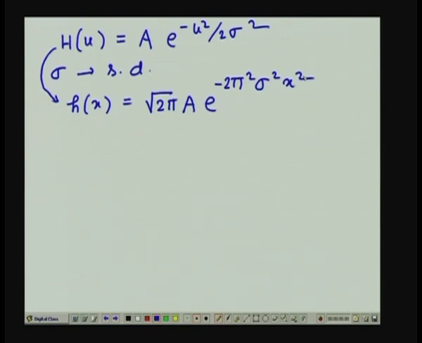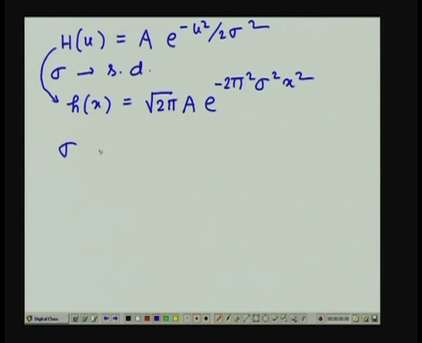And not only that, both these functions behave reciprocally with each other. That means, when H(u) in the frequency domain has a broad profile, that is, a large value of standard deviation sigma, the corresponding H(x) in the spatial domain will have a narrow profile. Similarly, if H(u) has a narrow profile, H(x) will have a broad profile.